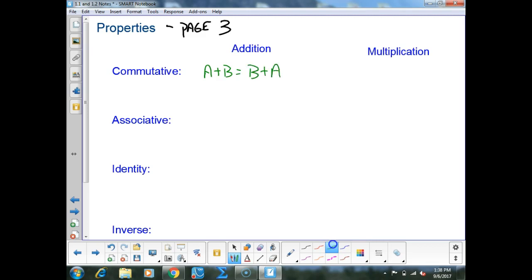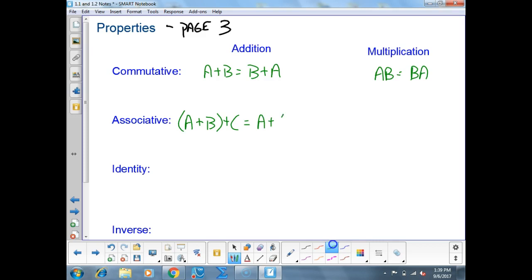plus A. In multiplication, it says that A times B is equal to B times A. The associative property, in addition, says that if you add A and B first, then add C, that would be the same as if you added B and C first, and then added A. Okay?